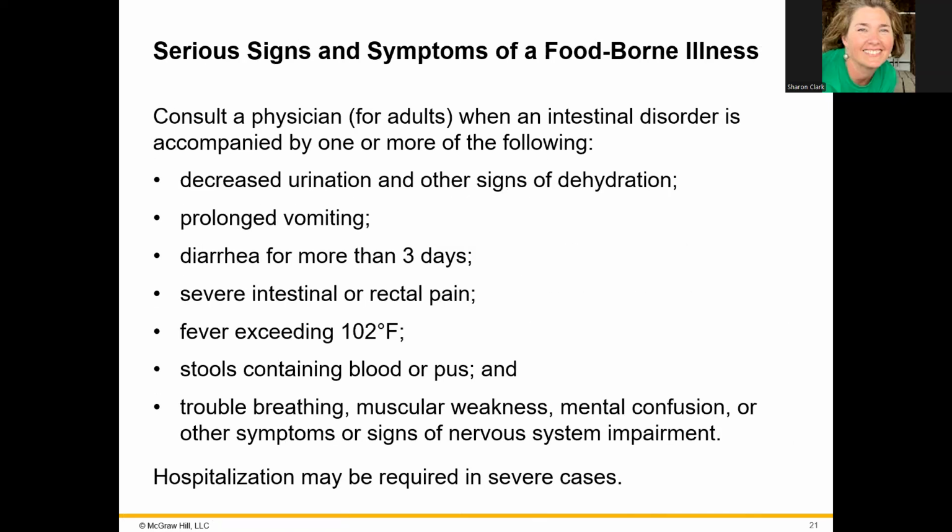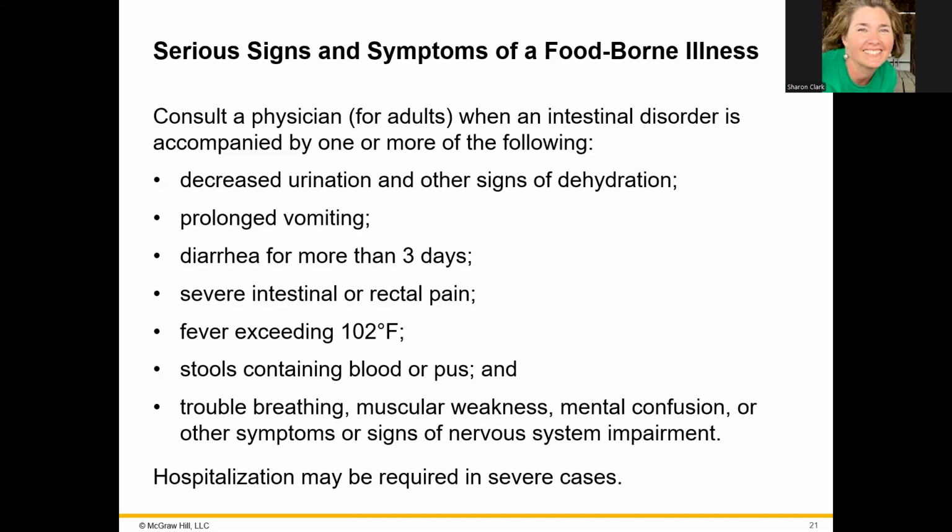When we look at why it's scary, you see these serious signs and symptoms here of foodborne illness. The main serious, I mean, it's all serious, but the main thing is dehydration. Dehydration due to vomiting or diarrhea, and also dehydration due to fever. Those are some of the more classic signs and symptoms of foodborne illness.